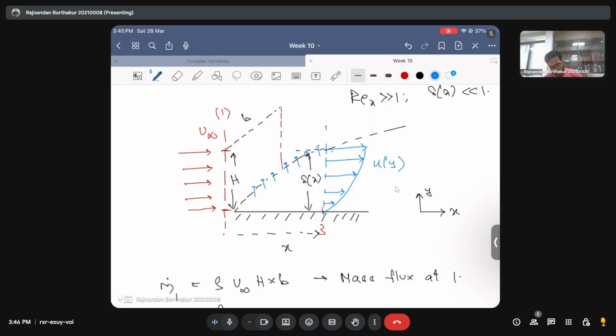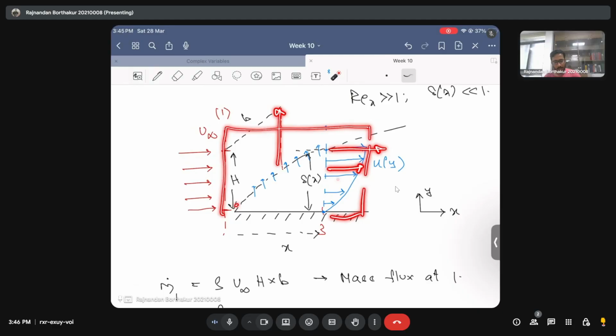Okay. There is a loss of mass that takes place throughout this boundary layer because the overall mass has to be satisfied, right? Whatever the mass that is coming in, if I pick a control volume, something like this, the loss of mass and the mass that is going out has to compensate for the mass that is coming in, because the overall mass conservation has to be satisfied.